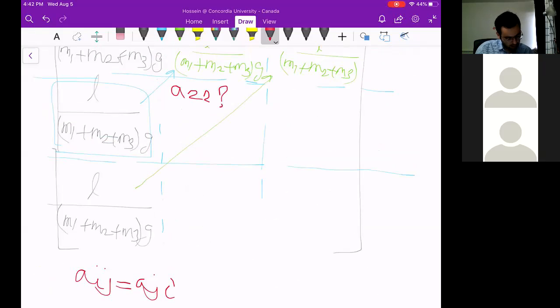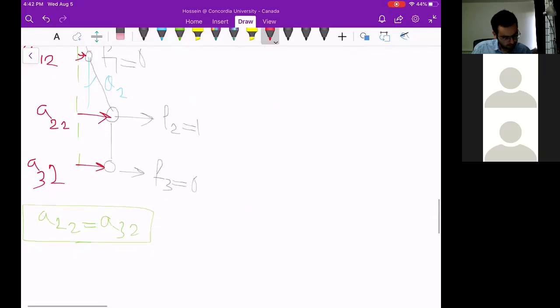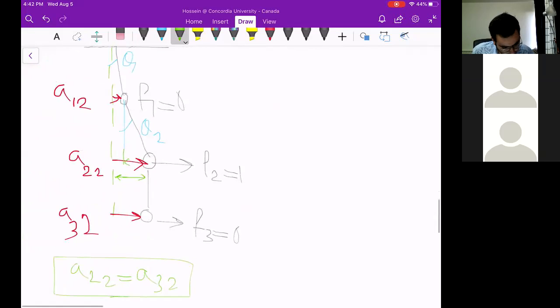If you take a look, A22 is this length, but this length, you will see, is A12. Let me call it like this.